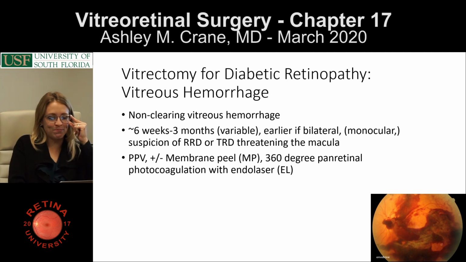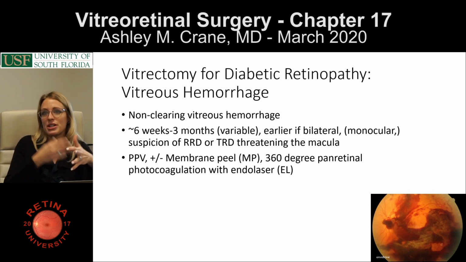But I would say that with the better instrumentation, vitrectomy has become safer and safer, and it has let people have the option of treating these patients earlier. And it's also really nice, because diabetics sometimes are hard to get back into the clinic. It's hard to finish a PRP, and if they have a bad vitreous hemorrhage, their potential loss to follow-up just increases.